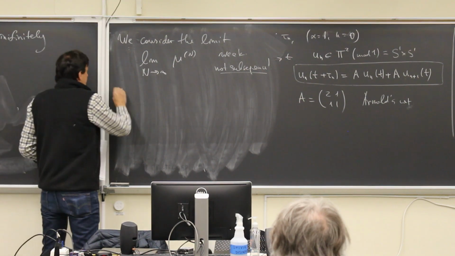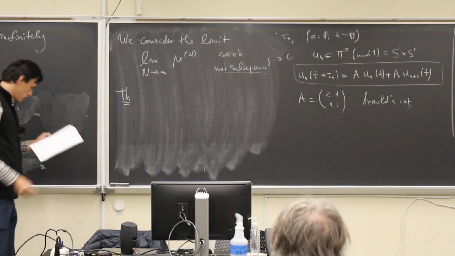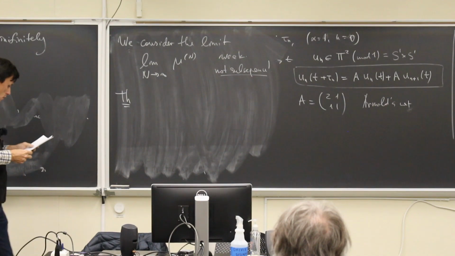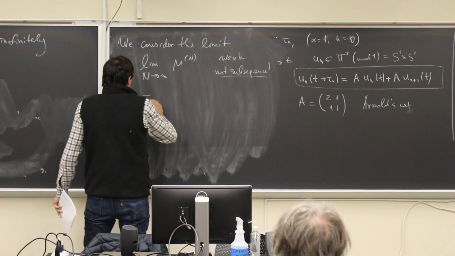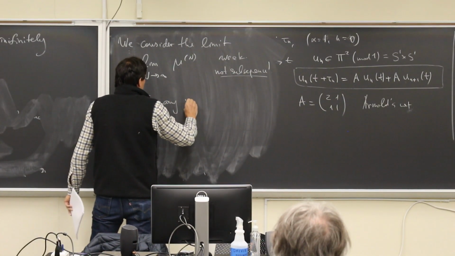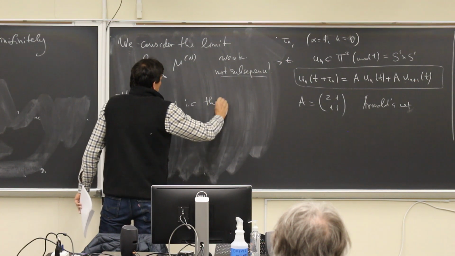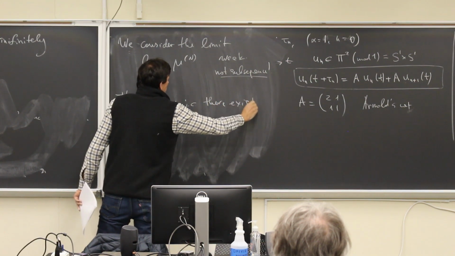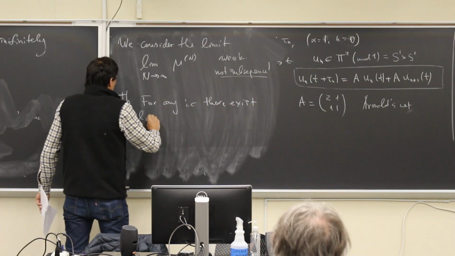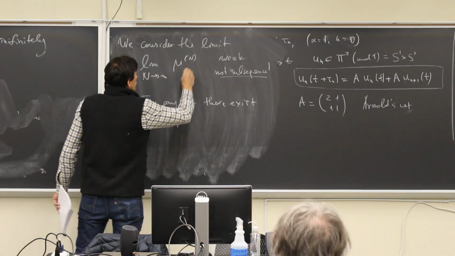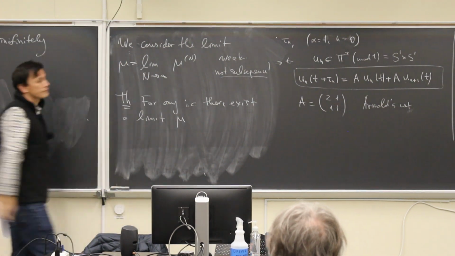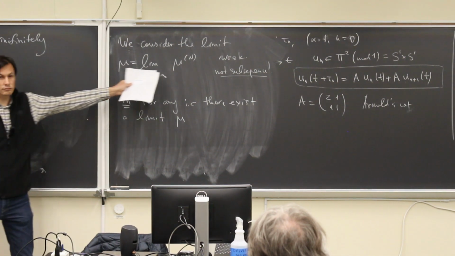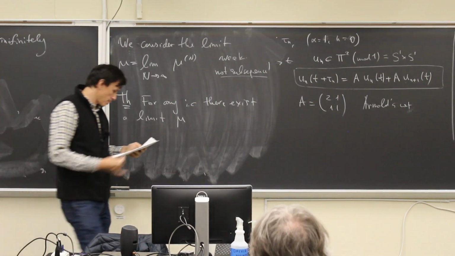So the theorem tells that for any initial condition, there exists a limit mu. So it converges to the limit.